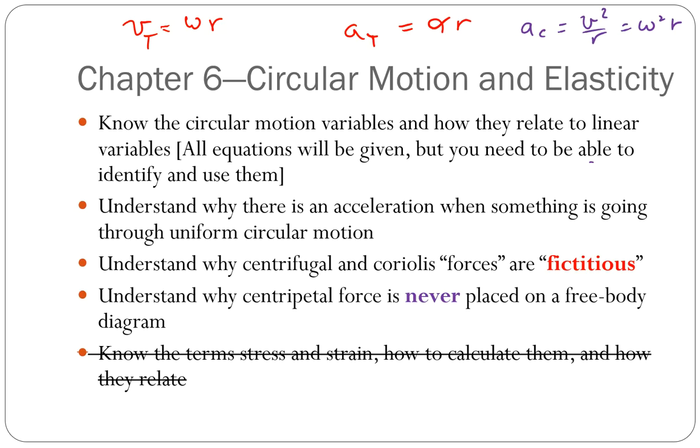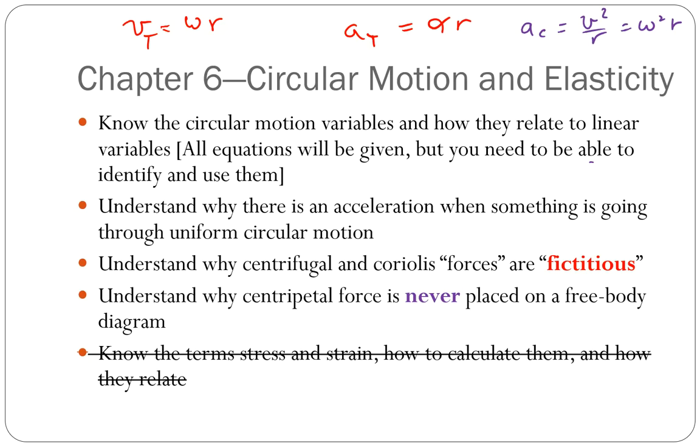Coriolis force is also fictitious. The Coriolis force is the fictitious force responsible for the rotation of hurricanes and tornadoes. And once again, anyone who's got a brain in their head says, how can a fictitious force be responsible for the rotation?